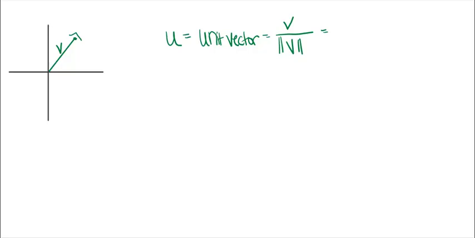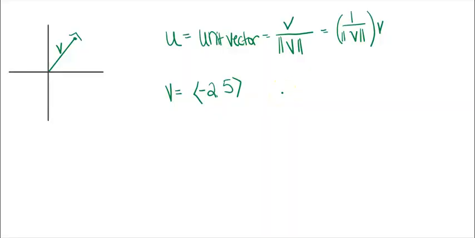So we're going to take our vector v and write vector u as a unit vector in the direction of vector v by saying the component form of v divided by the magnitude of v, or you can also write it as 1 over the magnitude of vector v times vector v.